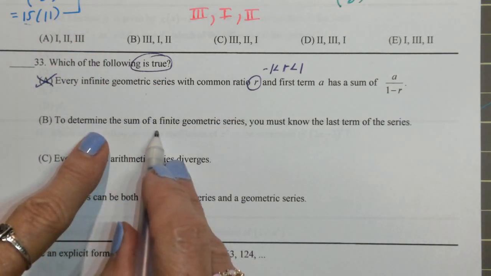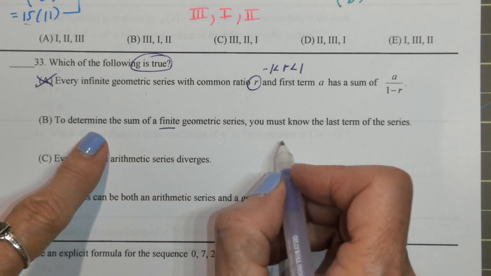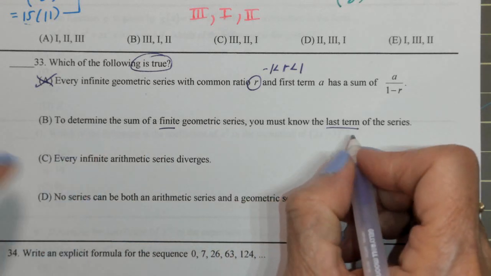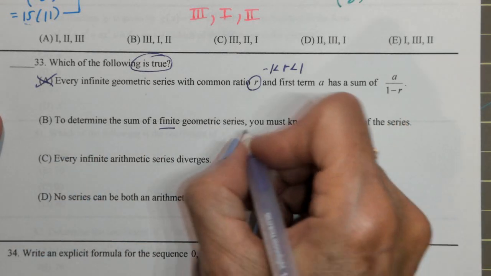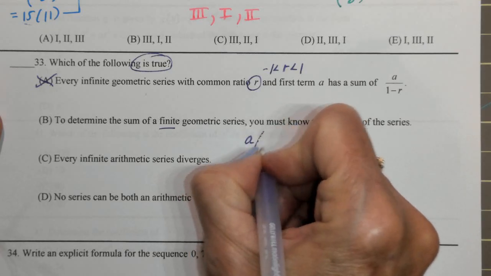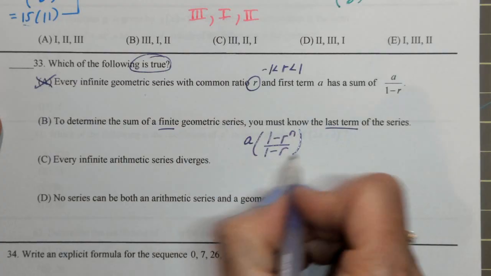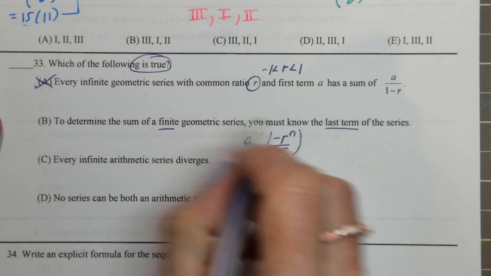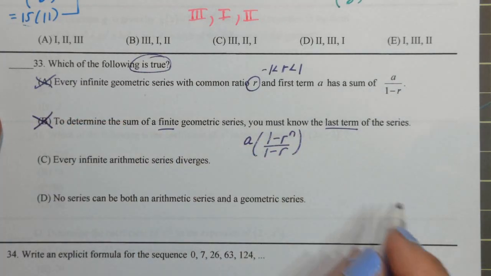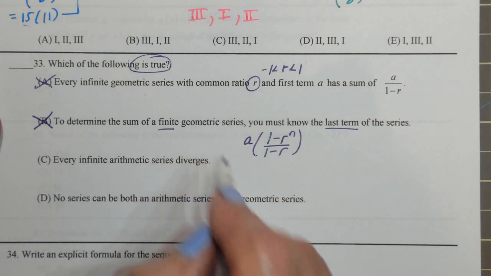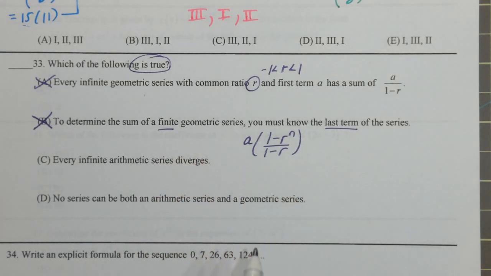To determine the sum of a finite geoseries, you must know the last term. The sum of a finite geoseries starts with the first term, 1 minus r to the n over 1 minus r. Nowhere in there is the last term. So no, you do not need to know the last term for a finite geoseries. You do need the last term for a finite arithmetic series.